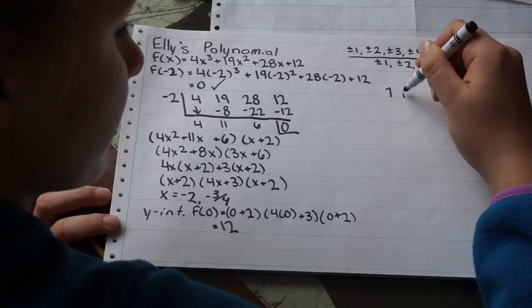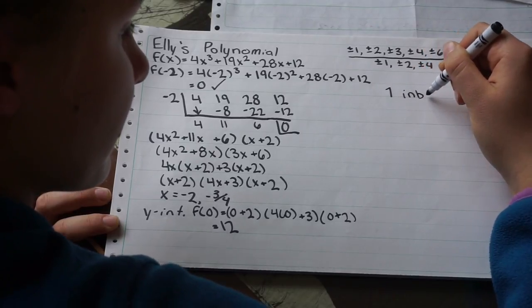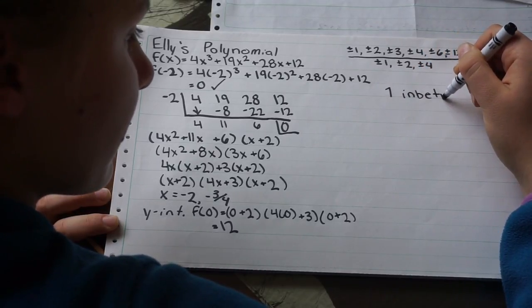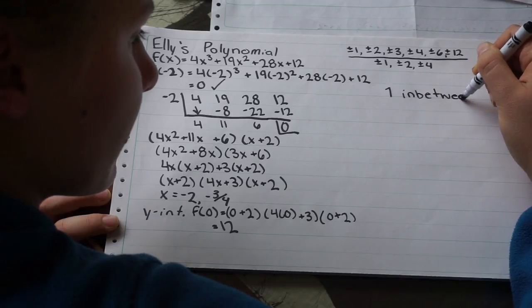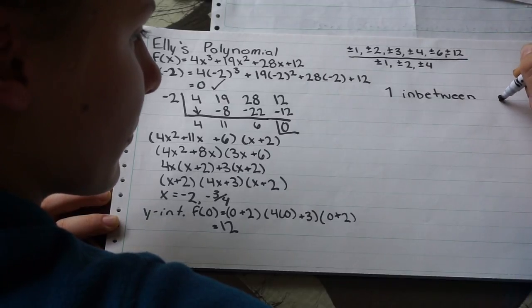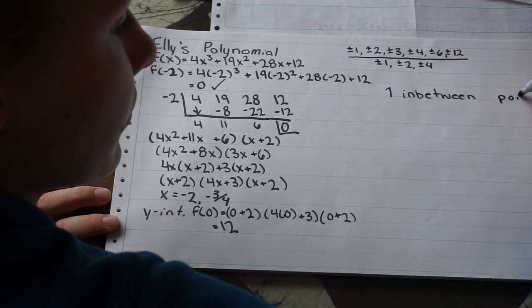Now we want to find one other point on our graph between these 2 points. I'm going to use negative 1 and solve for that by putting negative 1 in for x.